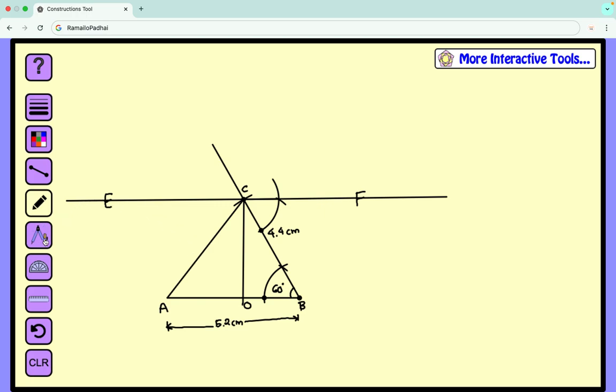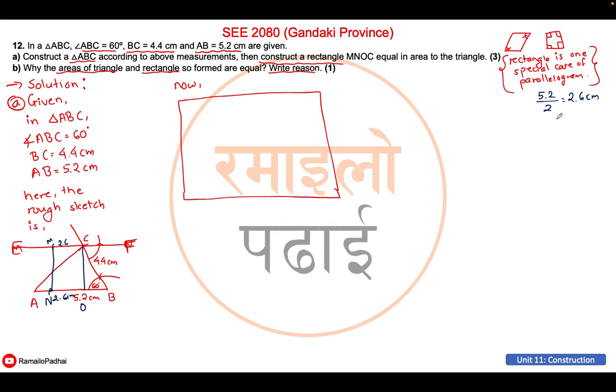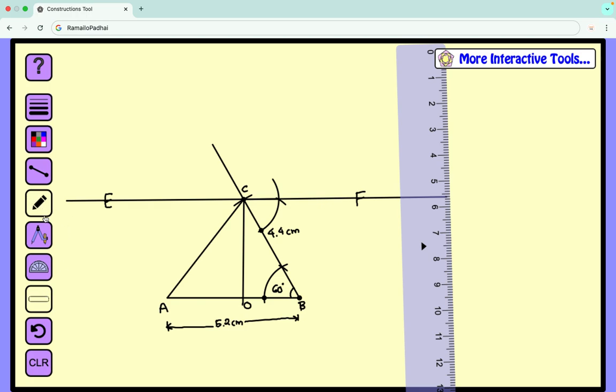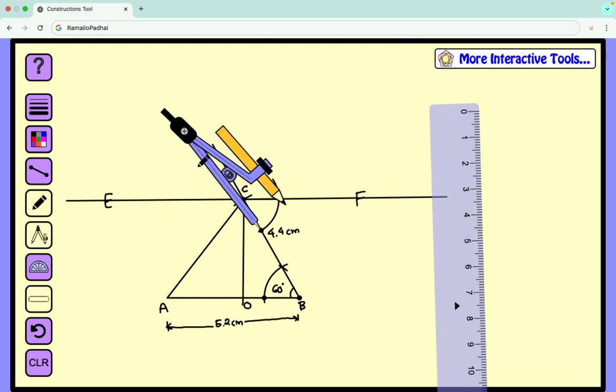Now, as we know, the base of rectangle should be half the base of triangle, that is half the AB, and half of AB, that is 5.2, is 2.6. So we will measure 2.6 with compass and then we will mark.